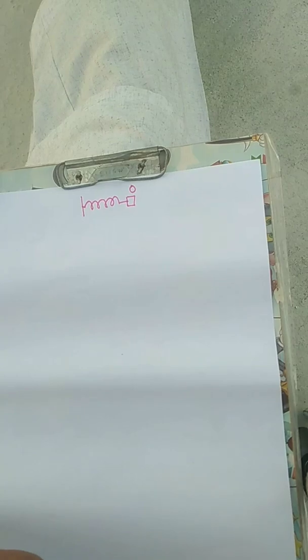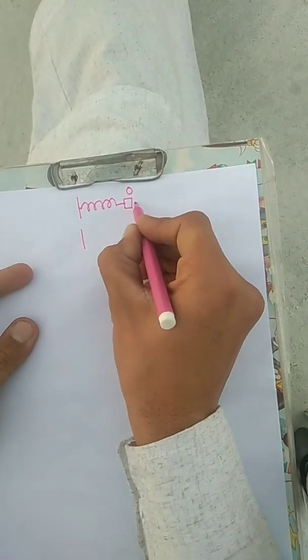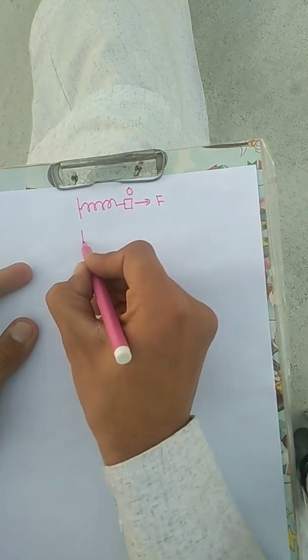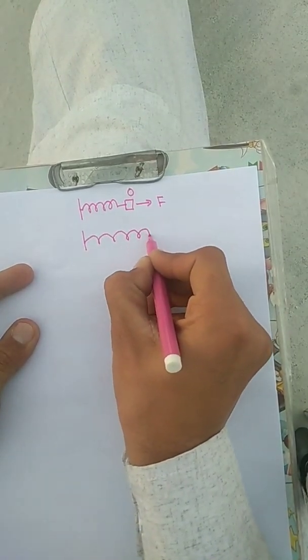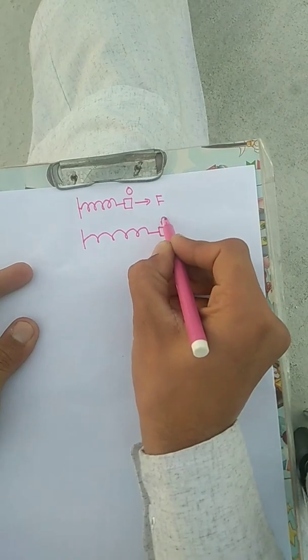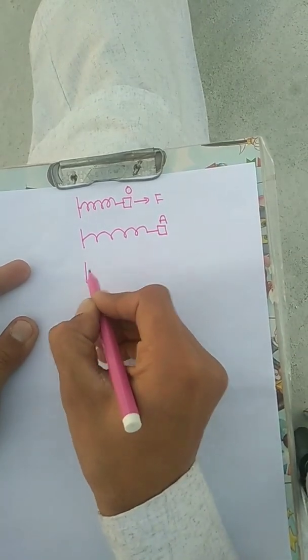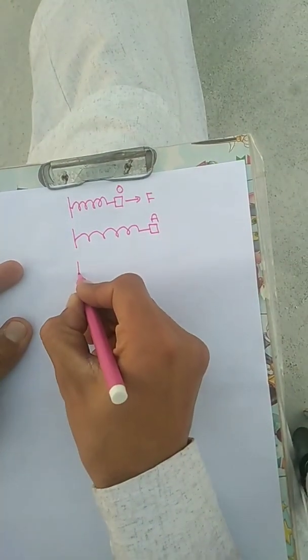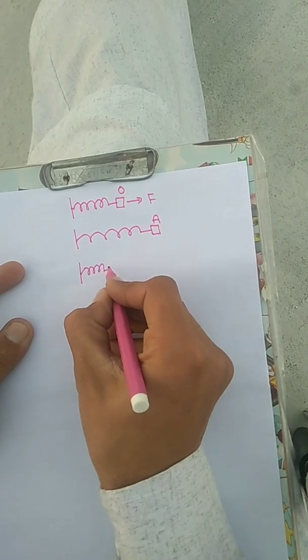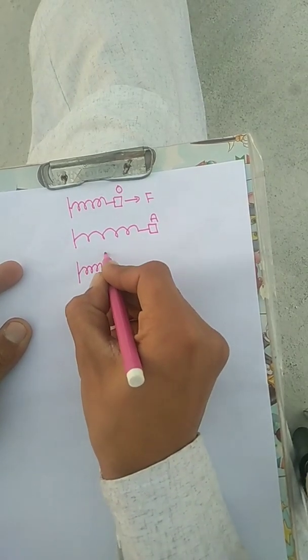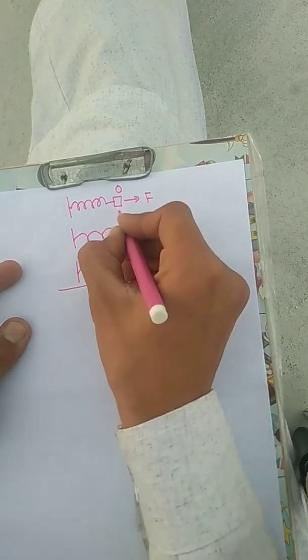Let's say this is the original position of the spring. When we apply a force F on this spring, it is stretched, and let's say it comes to this point A. And when it is released, it starts oscillating and comes to this point, let's say B, on this side.